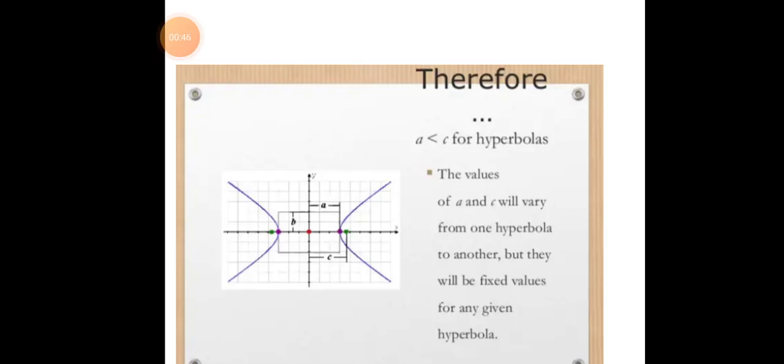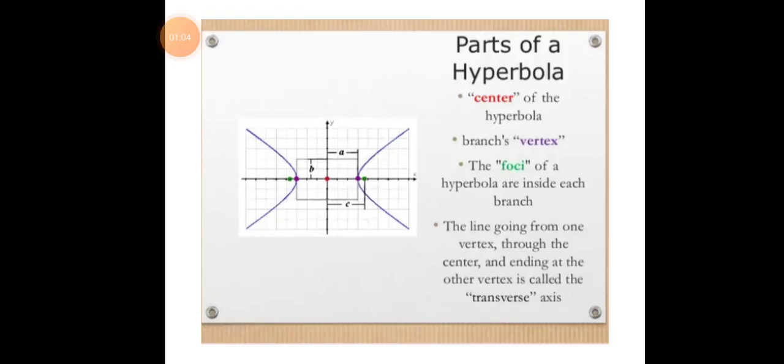Therefore, a is greater than c for hyperbolas. The values of a and c will vary from one hyperbola to another, but they will be fixed values for any given hyperbola. Parts of a hyperbola: the center of the hyperbola, then the branch, the vertex, then the foci of the hyperbola, which are inside each branch.